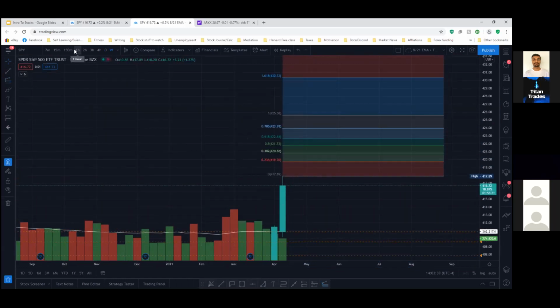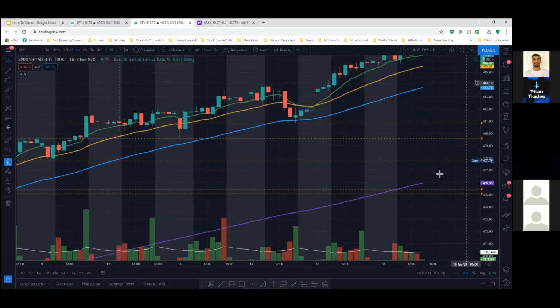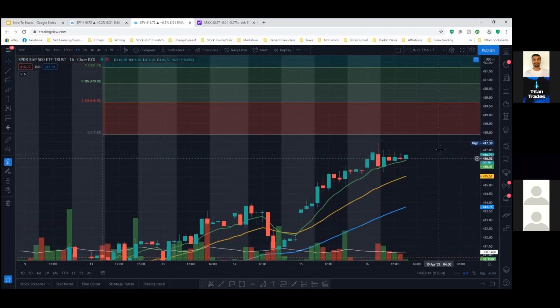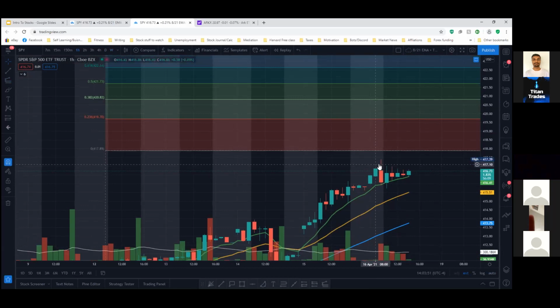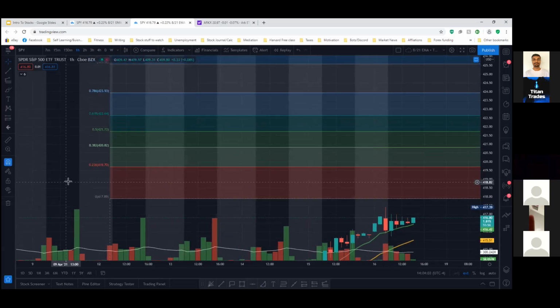Then look at it on, say, the hourly real quick. What it's saying is, if SPY can break the pre-market high of 417.40, this region, the 417.50 region of today's high, then we can see 417.89, 419.70, 420.82, and 421.73.